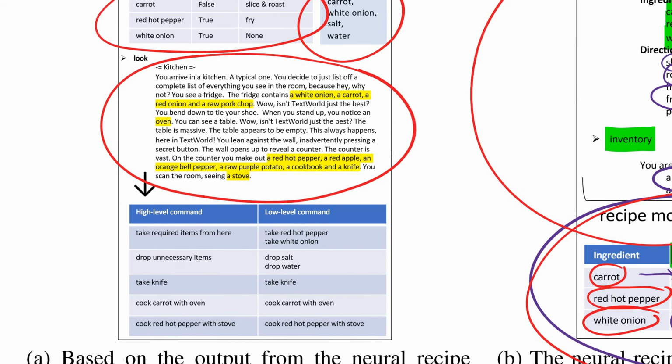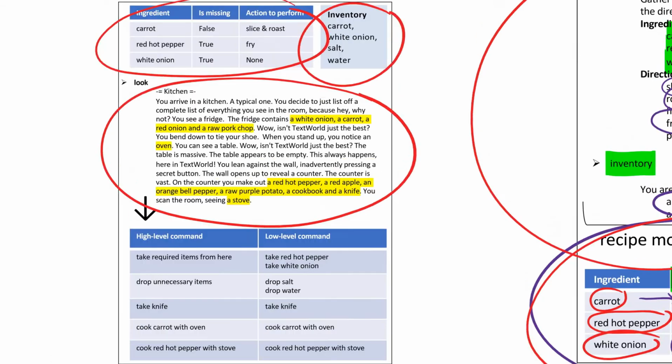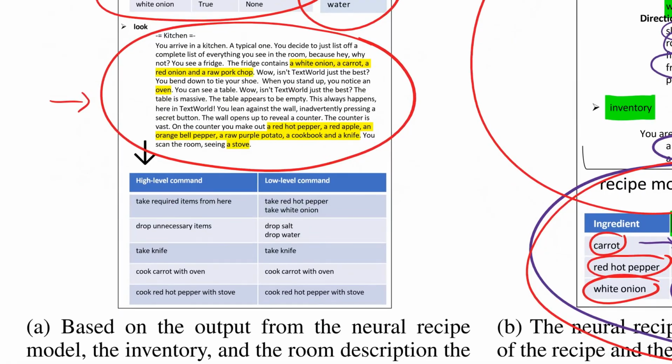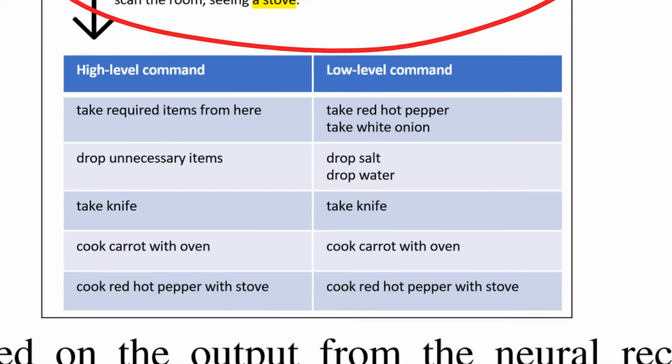So before we said it's important to reduce everything you could do, which is infinite things, to everything that is reasonable to do currently. And this model here does that. So given this, given that, and given the description of what's currently in the room, you can now generate these commands. And for example, take knife.